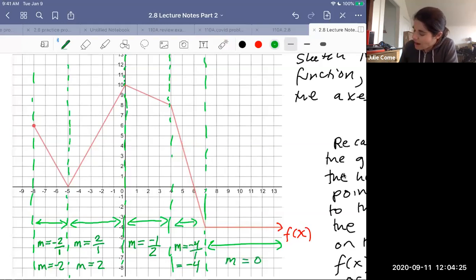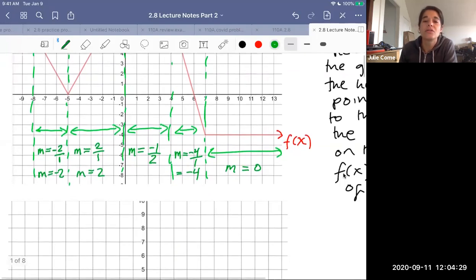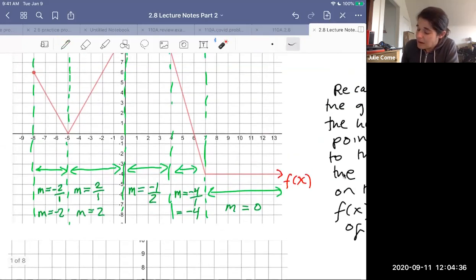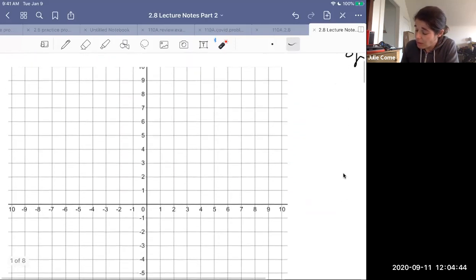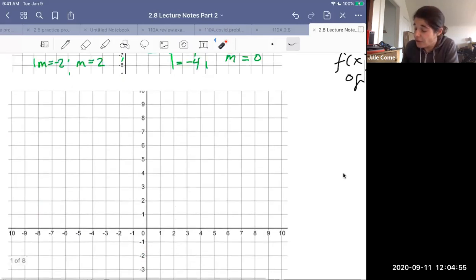So this, in fact, is basically going to give me all the information I need in order to plot my derivative function. Since I know, for example, that between -8 and -5, the slope of my original graph is always -2, well, when I go to graph my derivative function, that's going to mean between -8 and -5, the height of my derivative function should be -2.